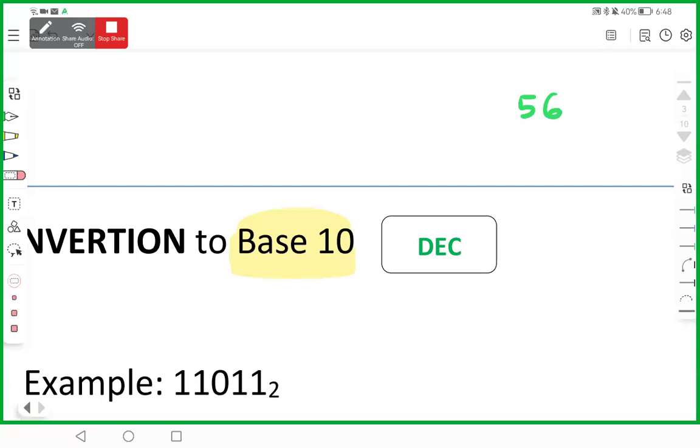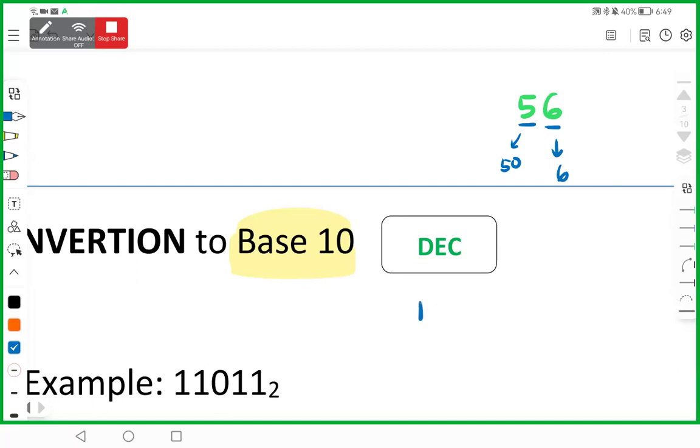So this is ones, place value tens. If the digit is 6, its value is 60, and this is 50. So they have their own digit and place value. We learned this before. In other bases it is also the same.